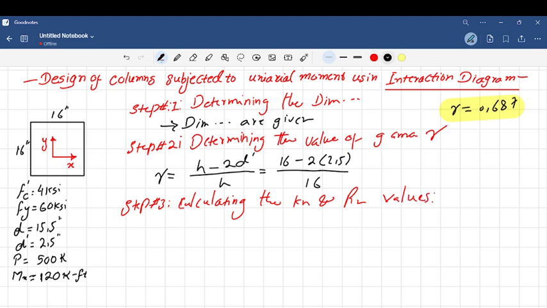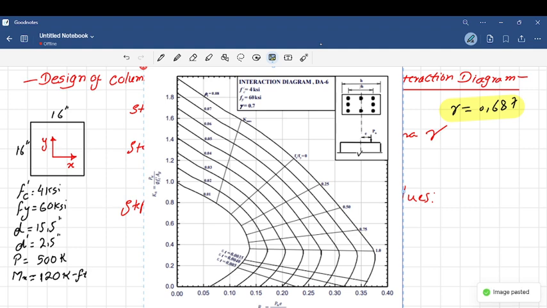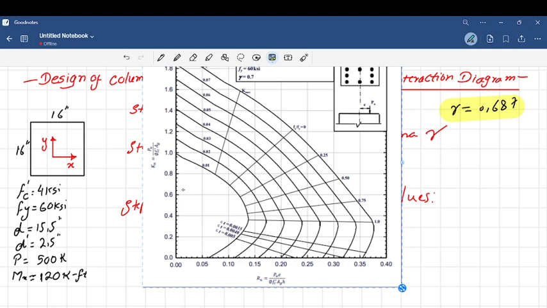Let me show you the interaction diagram again, and let's focus on the equations here. You can see Kn, on the y-axis, Kn equals Pu divided by phi f prime c times Ag. This is basically the total load, in this case 500 kips, divided by the factored capacity of the concrete column.